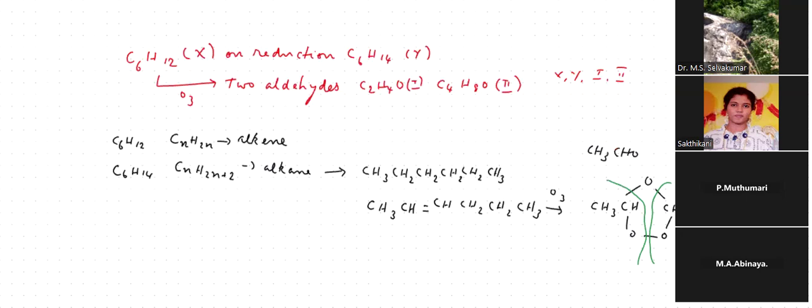So this is the compound 1. On the other side, it is butyraldehyde, CH3CH2CH2CHO. The molecular formula is C4H8O. So this is the compound 2.